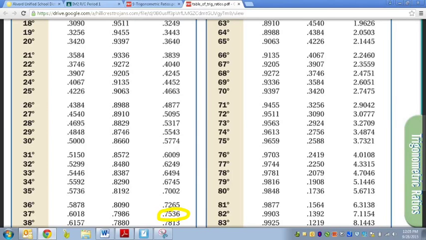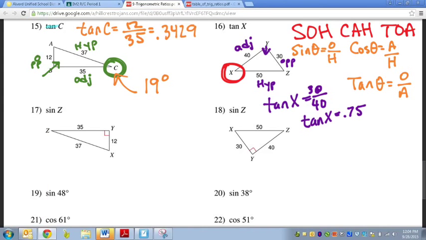That's really close. Again, 0.75. That's about close. So I go over here, and that's going to be 37 degrees. So that means angle X is 37 degrees. There we go. Okay, so that's how we use the decimal using that chart.